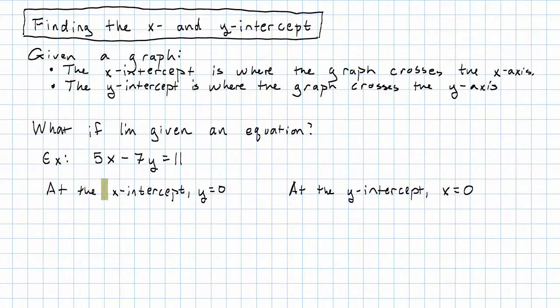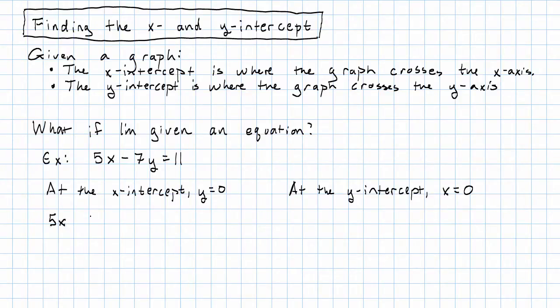At the x-intercept, y equals 0, and at the y-intercept, x equals 0. So what good does that do us? Well, if I'm given an equation and I want to find the intercepts, I can just plug in y equals 0.